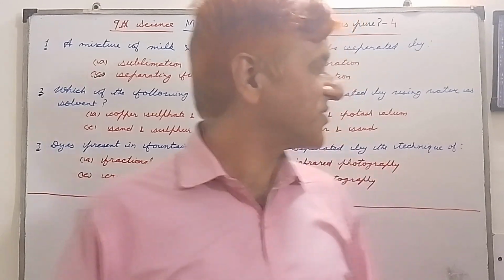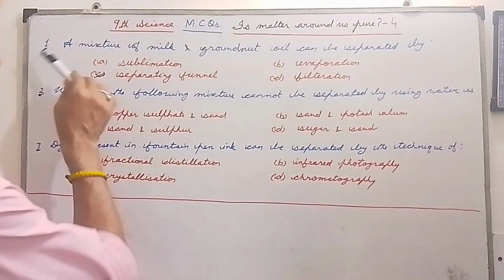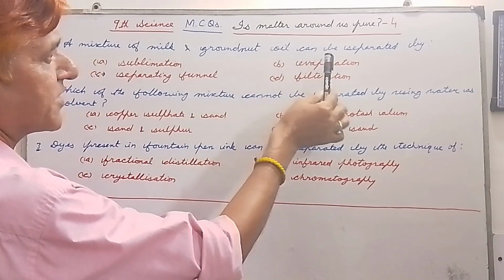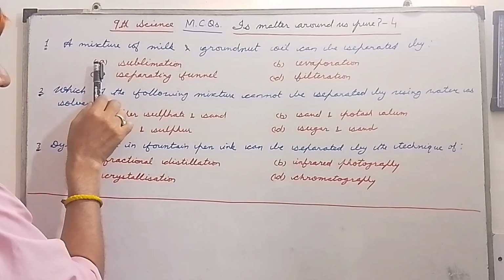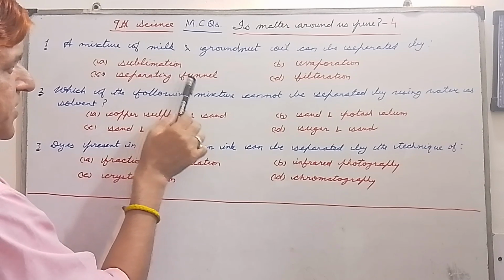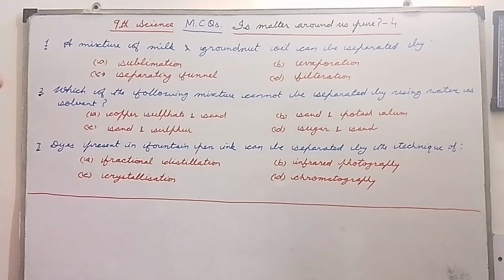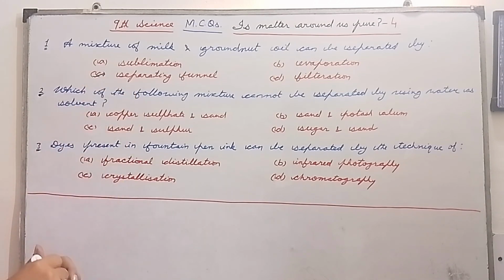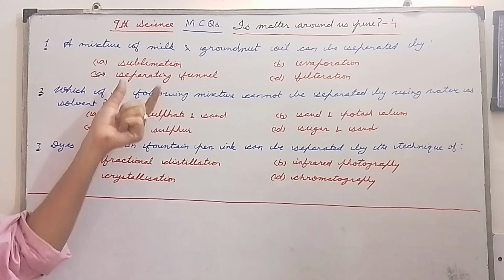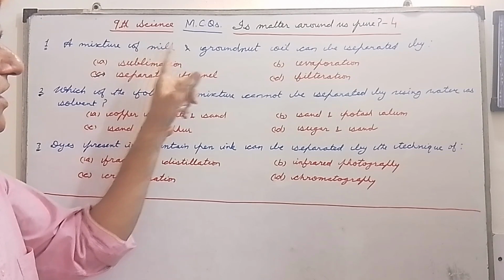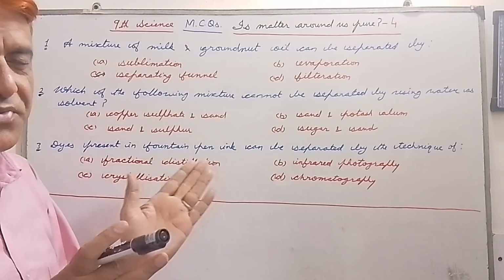The first question which we have taken is: a mixture of milk and groundnut oil can be separated by, first option is sublimation, B is evaporation, C is separating funnel, and D is filtration. So my dear students, here the correct option is C. A mixture of milk and groundnut oil can be separated using a separating funnel, because milk and groundnut oil are immiscible liquids.